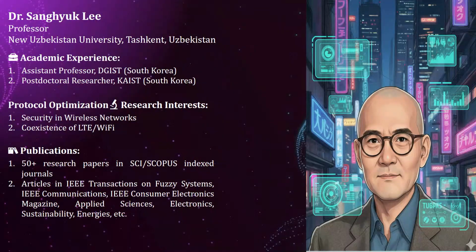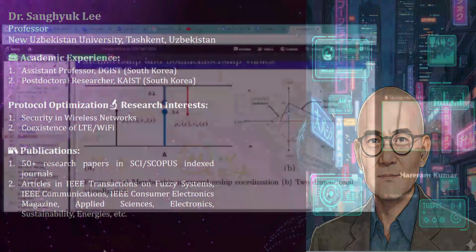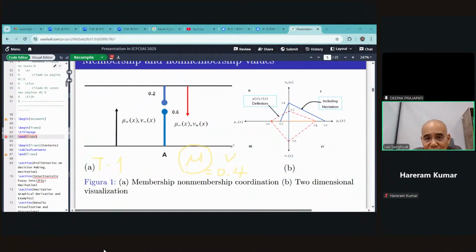Then it can be measured from the bottom, the null information. And if it's full information, it's up here, right? So if the membership value is 0.6, then measured from the null information, it is 0.6, right?